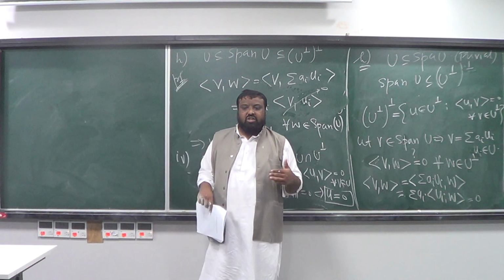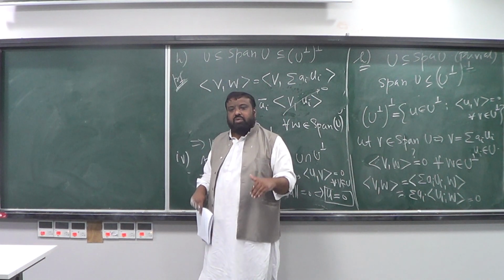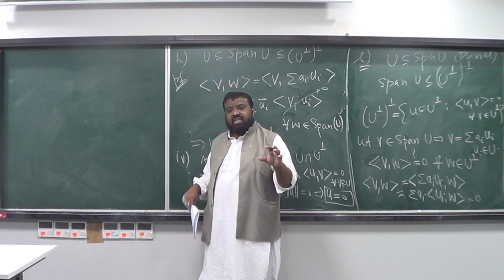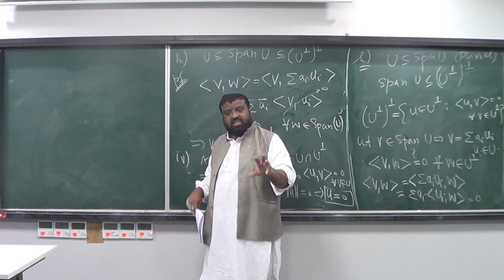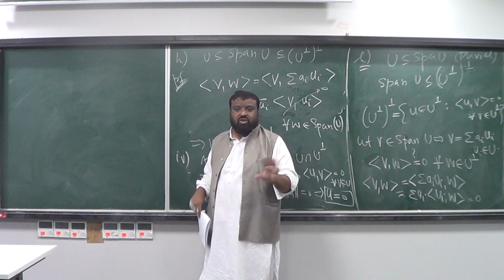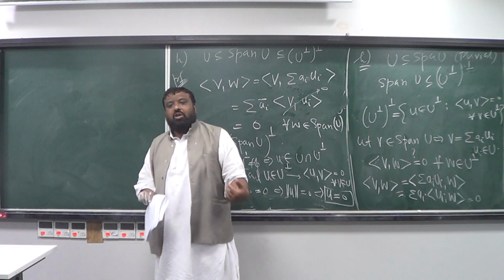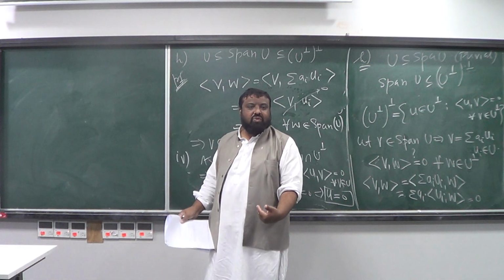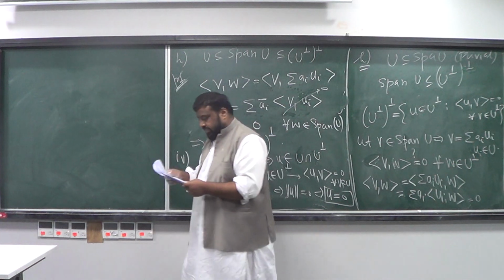Then you need to do what? Take a subspace of that inner product space, compute its orthogonal complement, then the direct sum of the subspace and its perp is going to be equal to V. So in other words, V can always be broken down, or written, in terms of subspaces and their orthogonal complements.